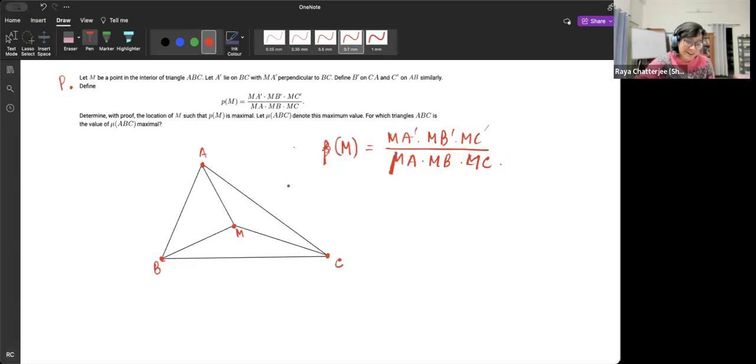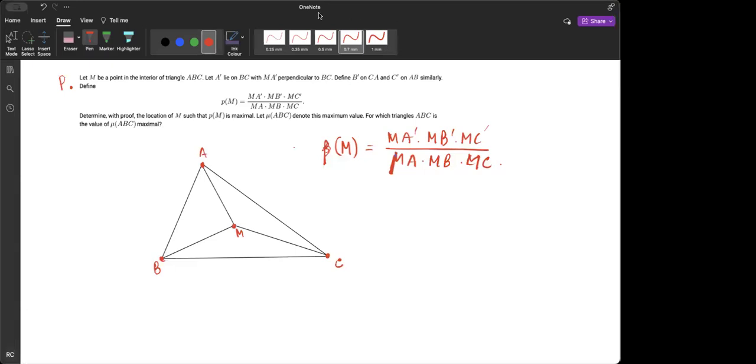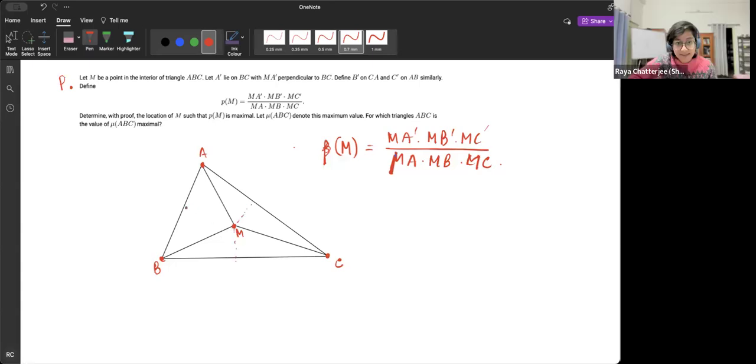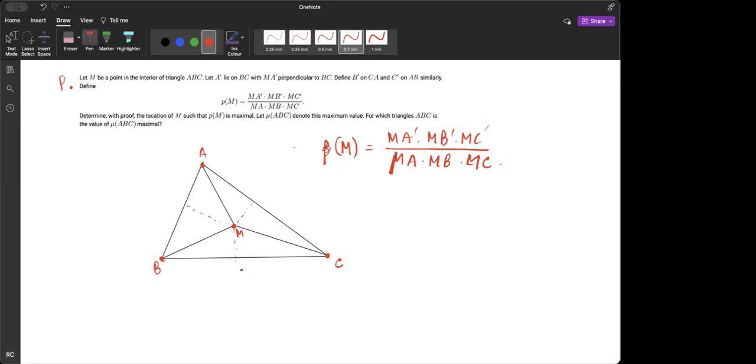I was trying to take, like, we have these 6 different variables, trying to convert them, trying to get fewer variables so that we can work with. If we draw the perpendiculars from M, then we can get some right triangles, like taking angle ABC, MB bifurcates into 2 angles.